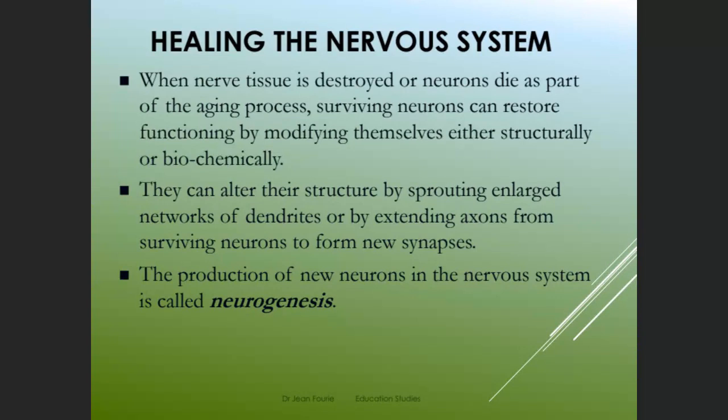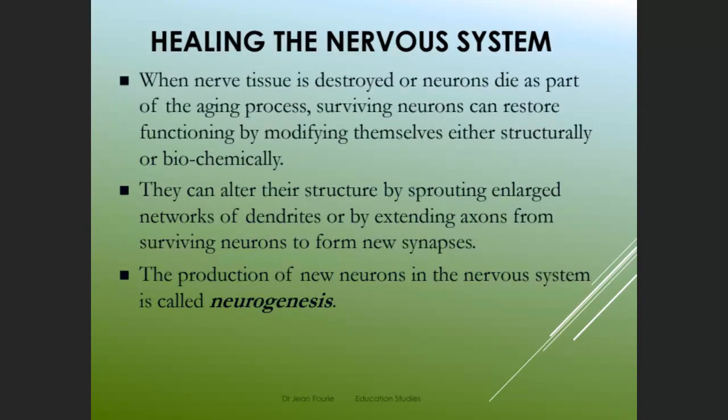There is an alteration of structures by enlarging the networks of dendrites or by extending axons from surviving neurons to form new synaptic connections. And we know that new neurons are produced in the nervous system by a process called neurogenesis, and that this process assists with all the learning, the experiences and the functioning that we are doing from the time that we are born, as we are developing and growing our complex neural systems.